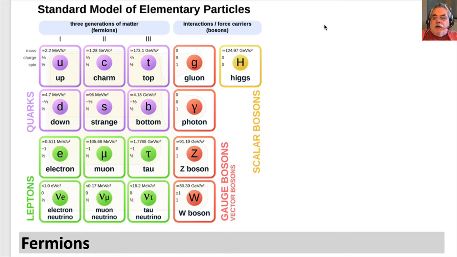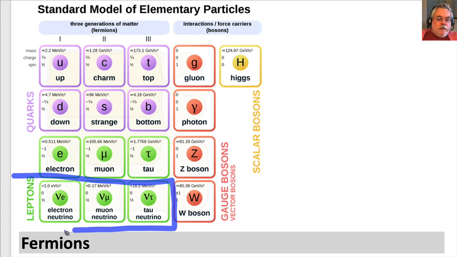Neutrinos and weak interactions. These 3 particles are the neutrinos. Next, we discuss the electron neutrino at the lower left of the chart.